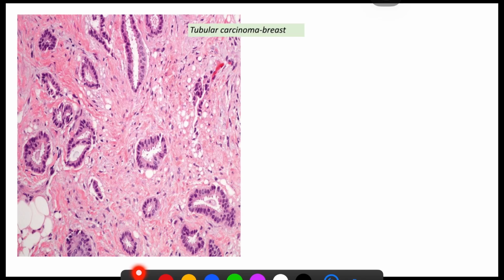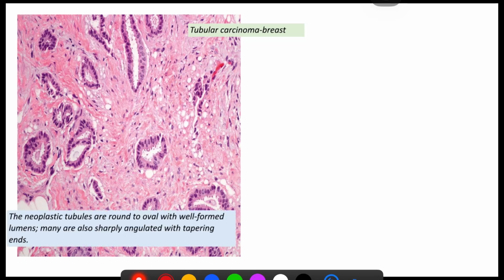The characteristic features, if you see in this tubule, it is having this lumen, and the most important finding is a sharply tapering end of the tubule.